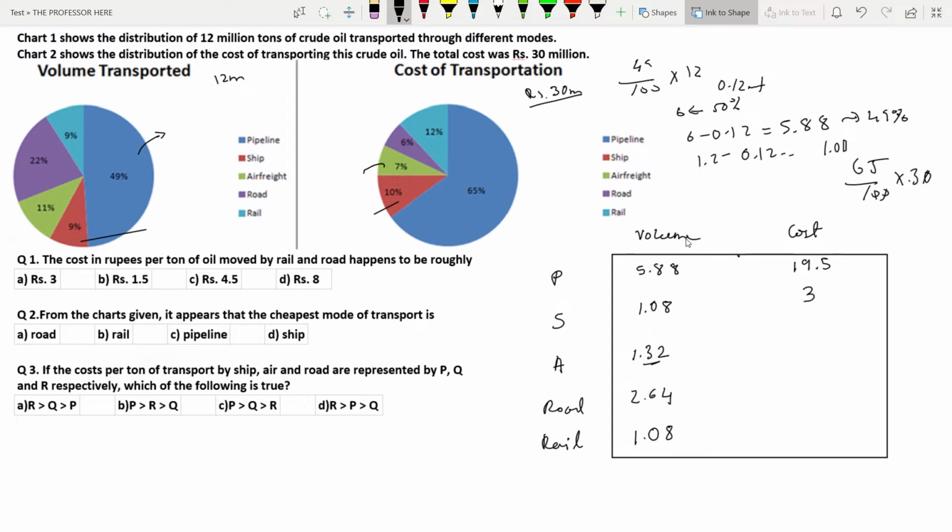For air freight, represented by green color, it is 7%, which means 2.1. 6% means 1.8. Next one is rail, which is 12%. We have already found 6%, which is 1.8, so all you have to do is multiply it by 2. You will get 3.6.